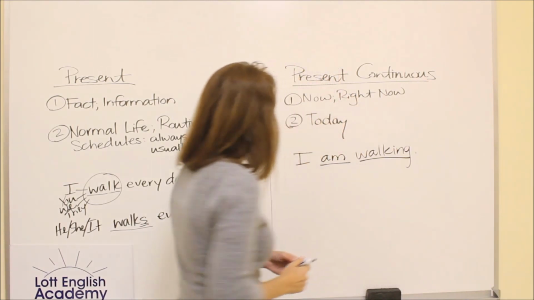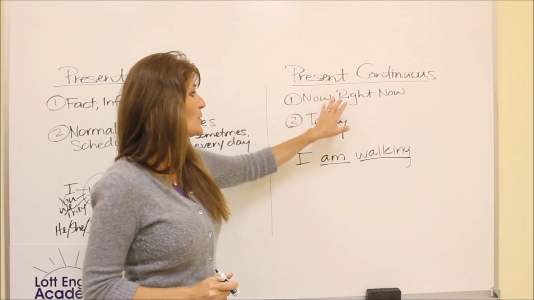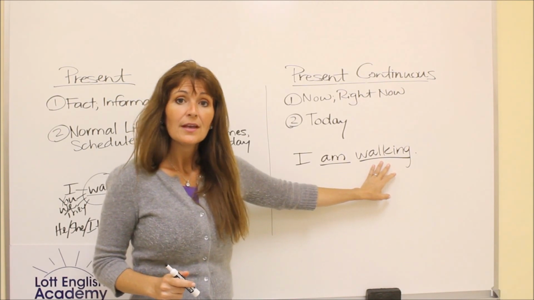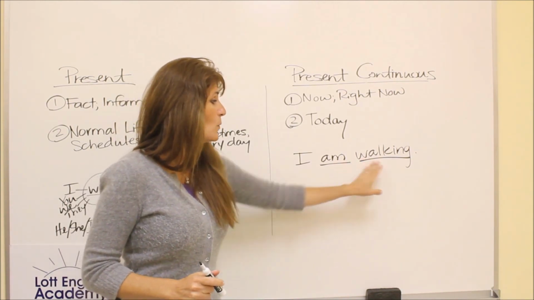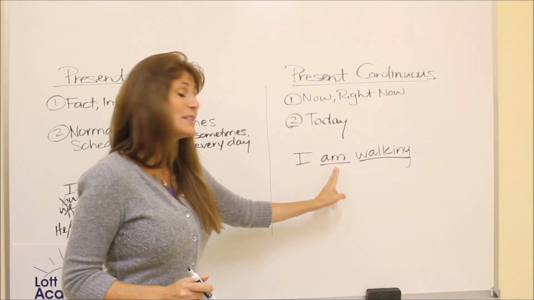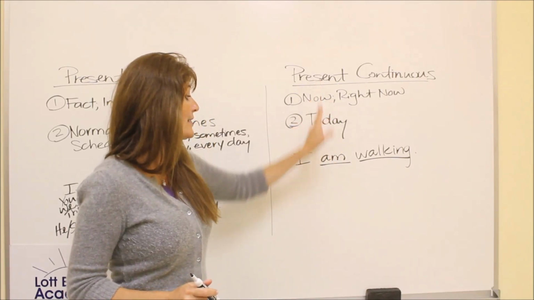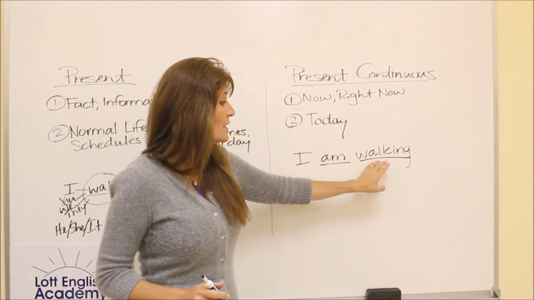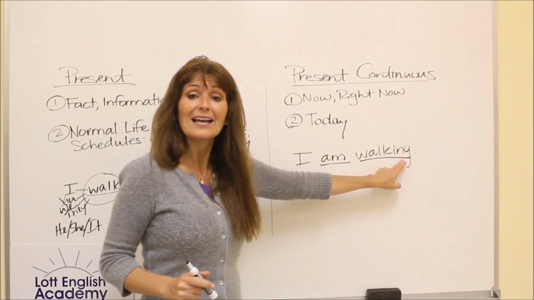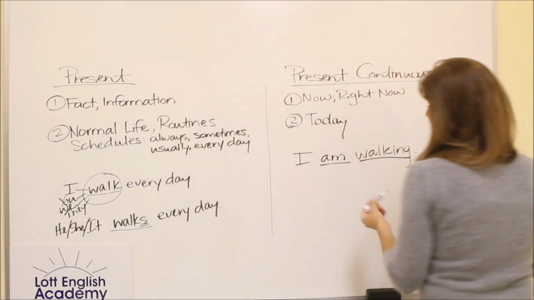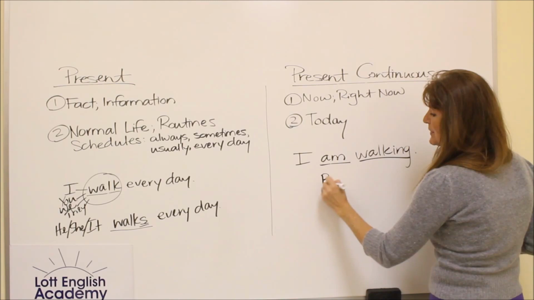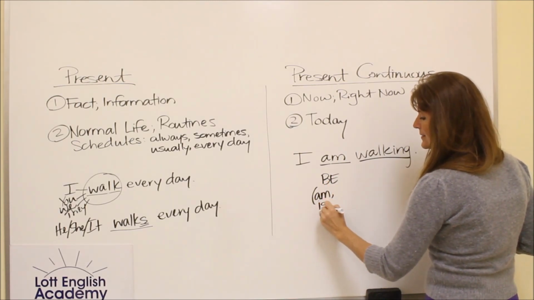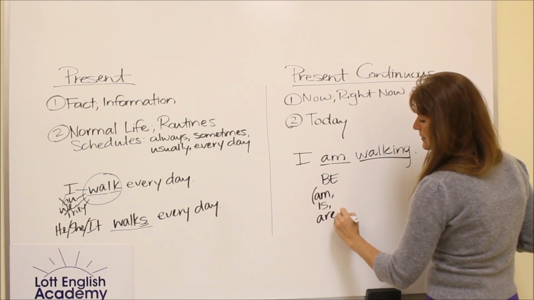Let's go over here. Remember we said for present continuous, it's now or right now, and it's got 2 pieces to the verb. The 2 pieces for the verb, well, we can see what they are here. This first piece is the verb to be in the present tense. And the second piece is your main verb plus ing. So a formula for this would be the verb to be in the present. That would be am or is or are, right?